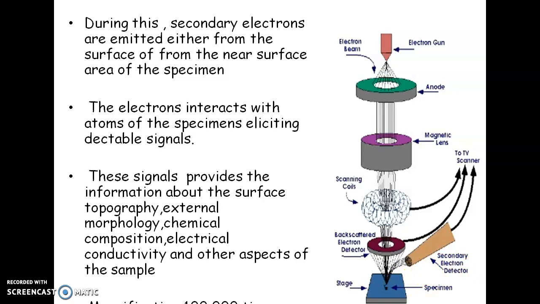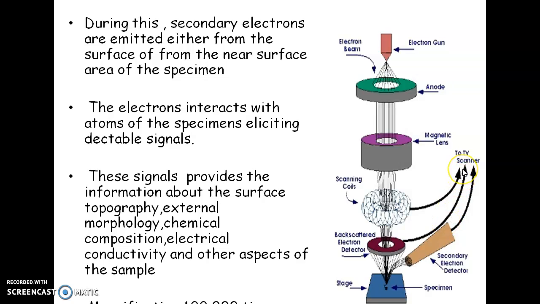The secondary electrons will be emitted from the surface of the specimen, and these electrons interact with the atoms of the specimen, eliciting detectable signals. So these primary electrons react with the molecules or atoms in the specimen and produce secondary electrons, and the secondary electrons produce detectable signals, and these signals provide the information.